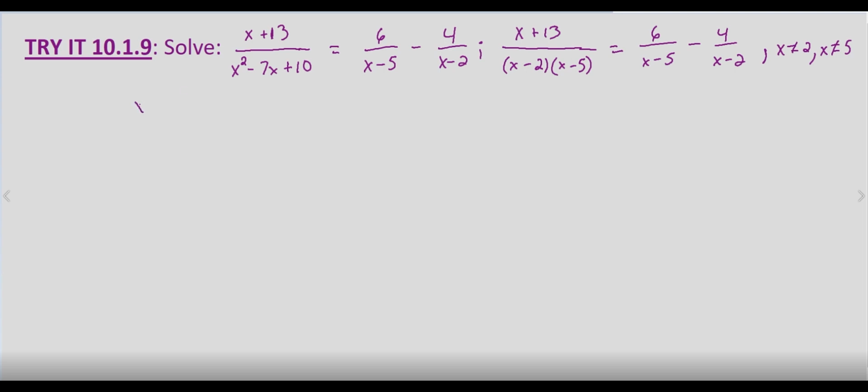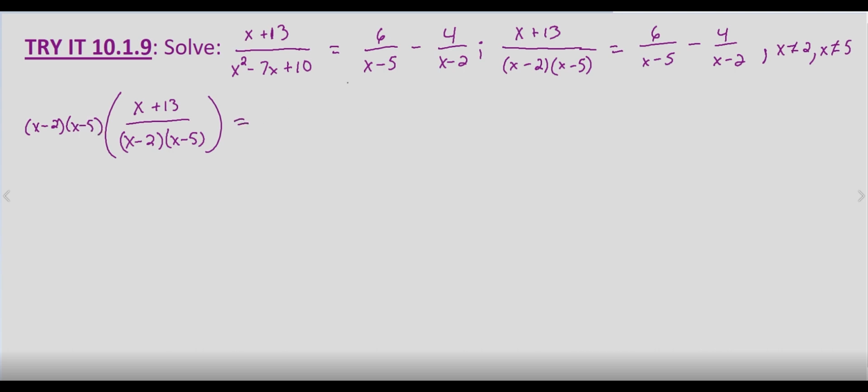So we'll write down the left-hand side, x plus 13 over x minus 2 times x minus 5. That gets multiplied by x minus 2 times x minus 5.